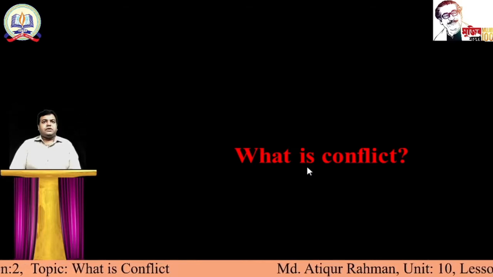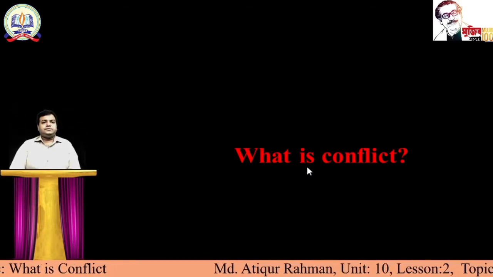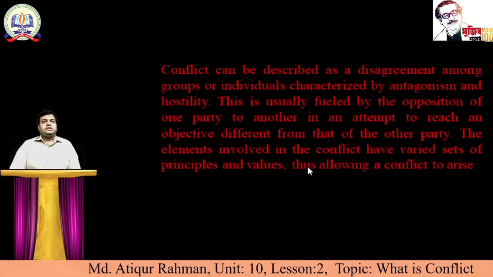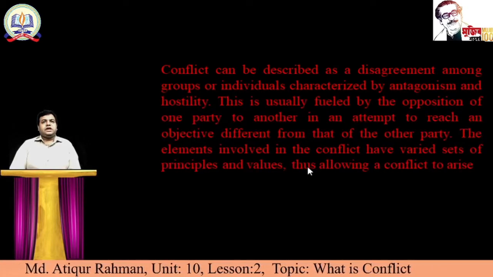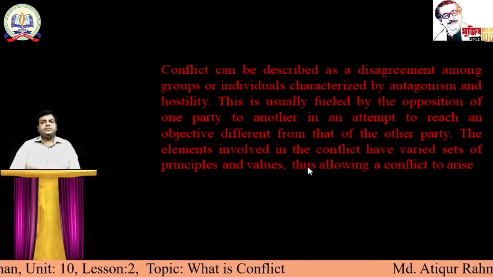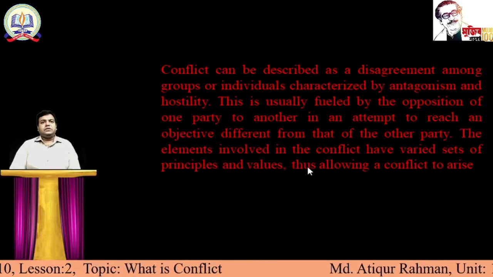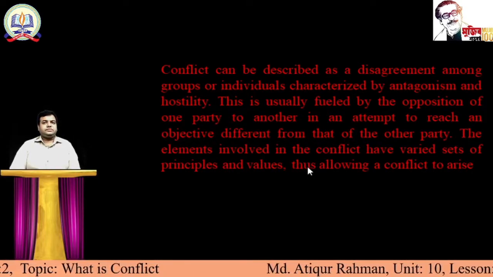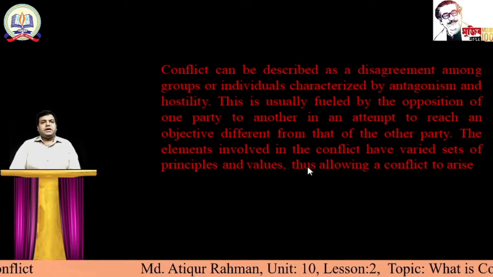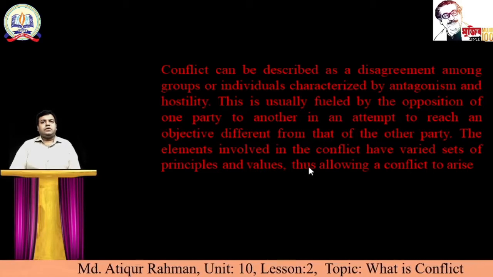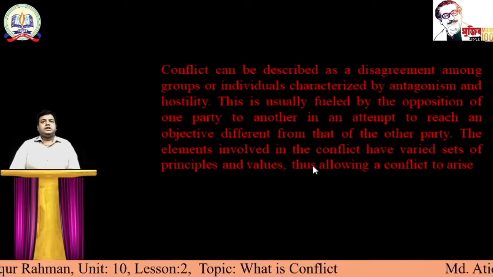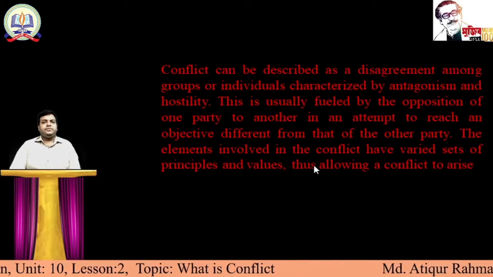Let's start from our textbook. We find that it is written below: conflict can be described as a disagreement among groups or individuals characterized by antagonism and hostility. This is usually fueled by the opposition of one party to another in an attempt to reach an object different from that of the other party.